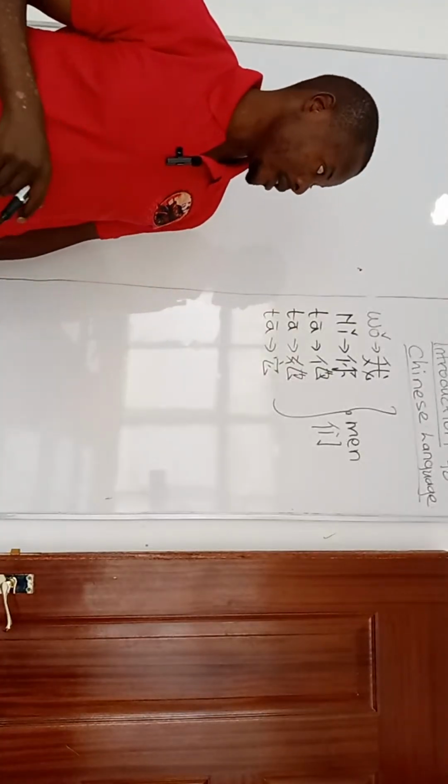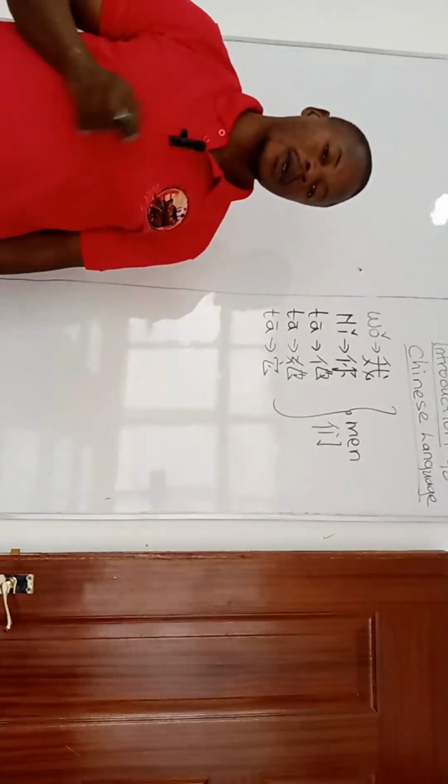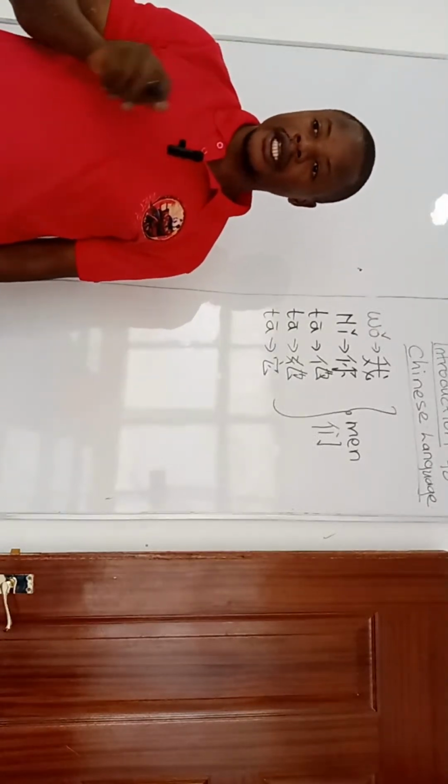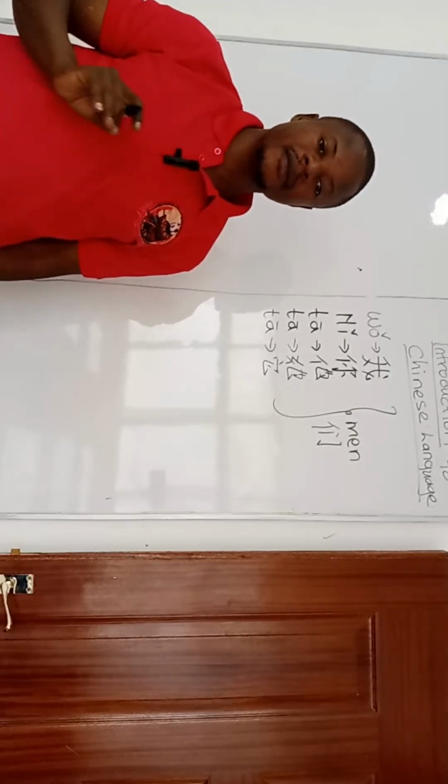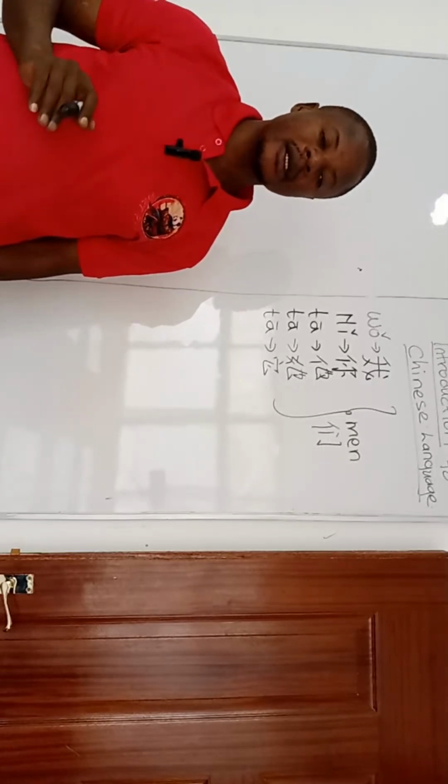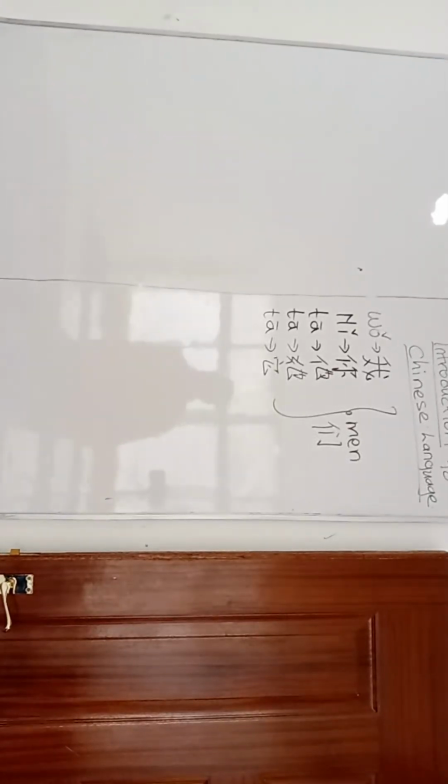Those are plurals. Then singular are wo, ni, ta. So remember, we are not looking at the characters. I've just written the characters so that the students can understand what is going on. But now, let's continue.